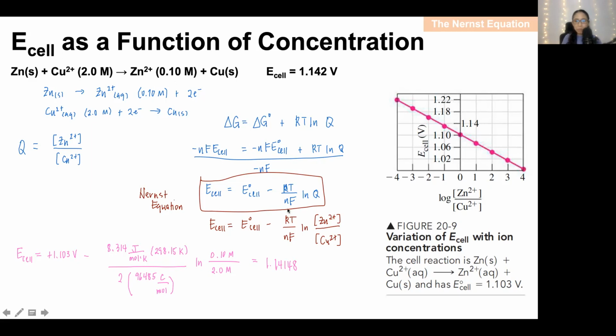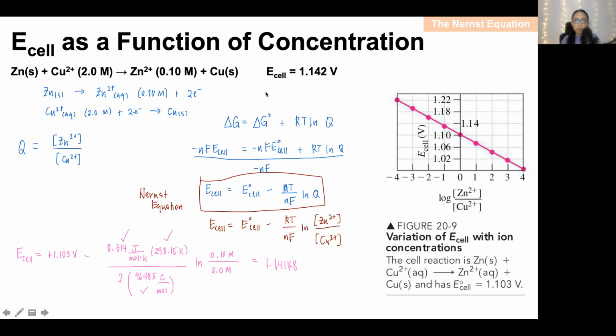Okay. Again, class, we can simplify your Nernst equation just by plugging in your constants, so your R and your F or Faraday's constant, and setting the temperature to 25 degrees Celsius.